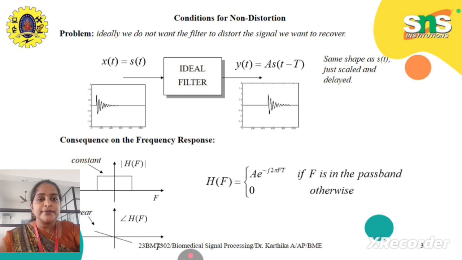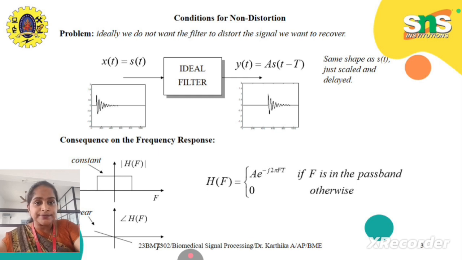See here what are the conditions we have for non-distortion. Here the problem is ideally we do not want the filter to distort the signal, we want to recover it. Here we have to maintain the same shape as S of t, just scaled and delayed. See here our input signal is X of t, which should be equal to S of t, that is our ideal signal. That is our output signal. We have to maintain the same shape as S of t, so we need to scale and delay our output.